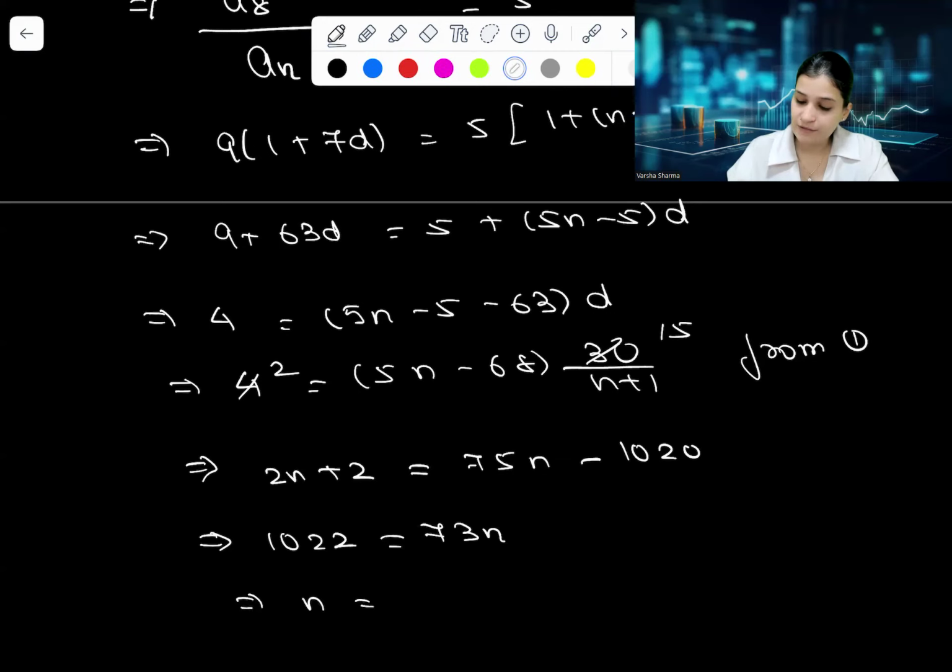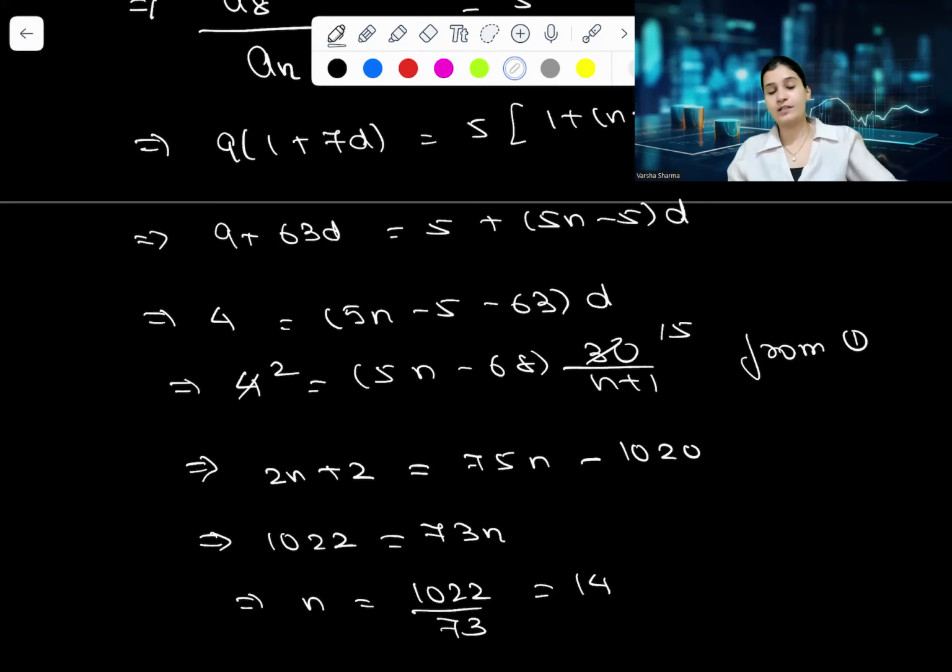If we divide 1022 by 73, that is 14. So there are a total of 14 terms in the sequence.